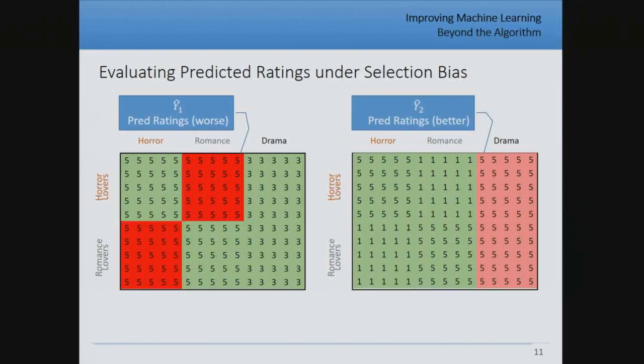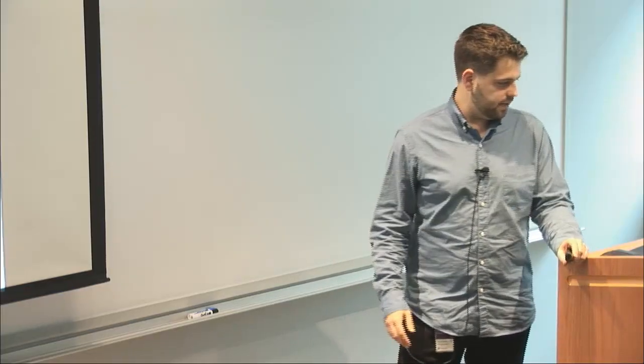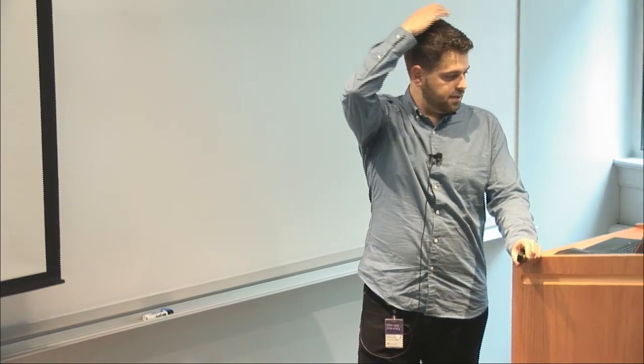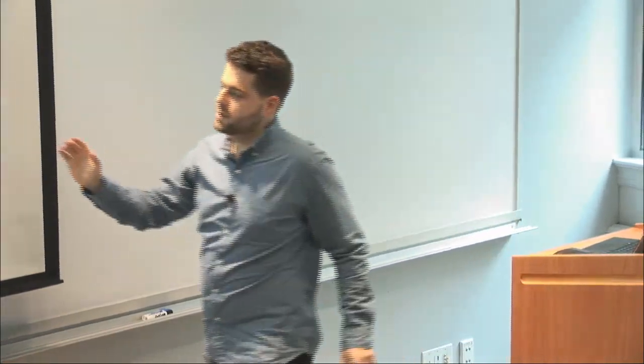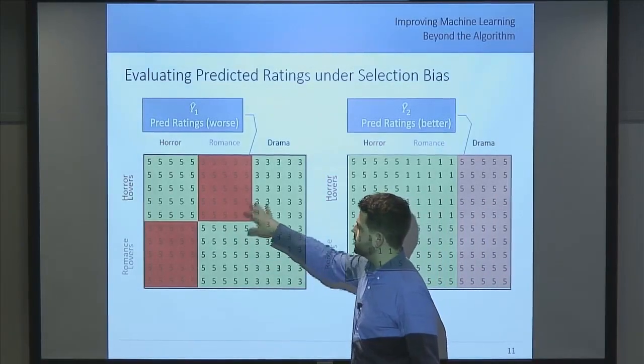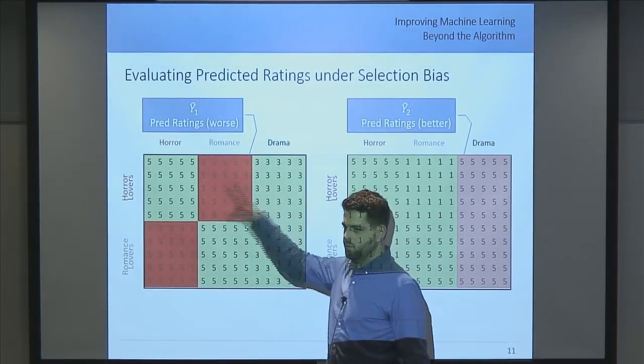So that's not good. And a very similar thing happens also when evaluating predicted ratings. So you complete the matrix, like in the Netflix challenge, instead of policy evaluation. And we have two systems that we are evaluating. So the first system ignores the two groups and just predicts all 5s, and makes a large error on the full ratings matrix.